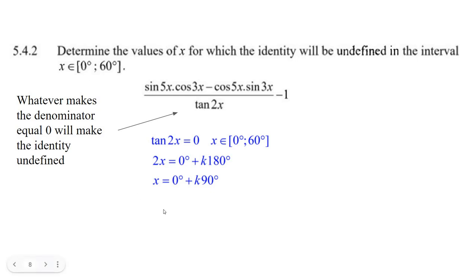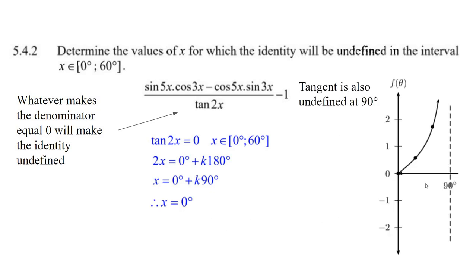I got that mark. When I did this question, I forgot about the other thing. With tangent, there's something else that's undefined, and it's when the tangent of 90 degrees is undefined. So at 0 degrees is one of the answers, but tangent is also undefined when x is 90 degrees.